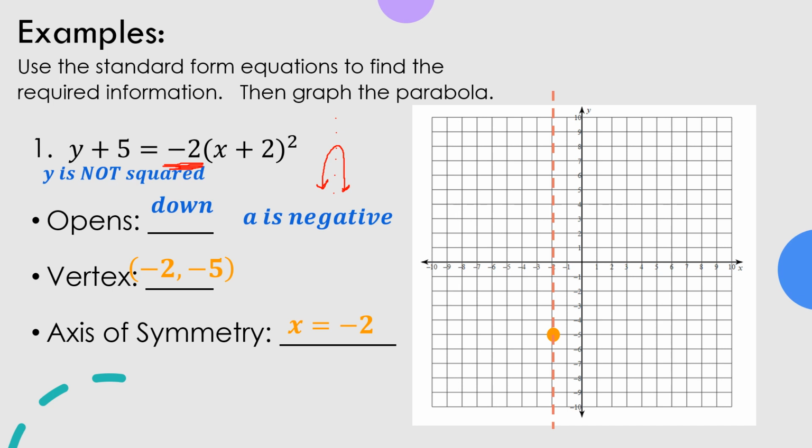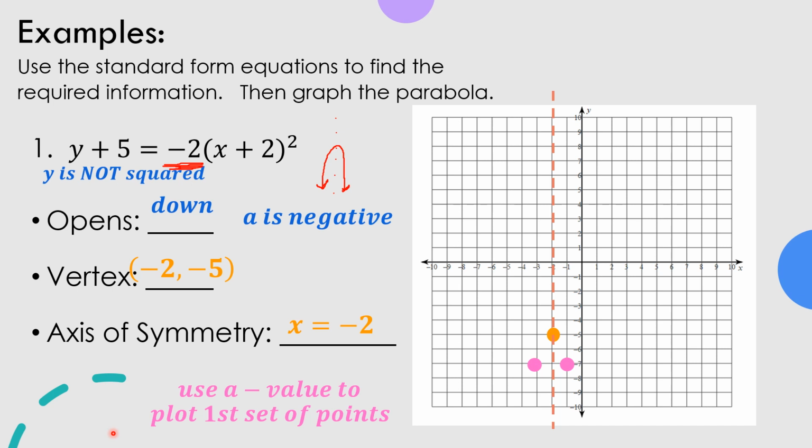So if I'm treating this as a slope, I'm going to go down 2 over 1. From my vertex, I'm going to drop down 2 units to the right one, and then I mirror that to the other side as well. So down 2 to the right one, put a point, and then down 2 to the left one and put a point. So there's my first set of points mirroring each other across that axis of symmetry.